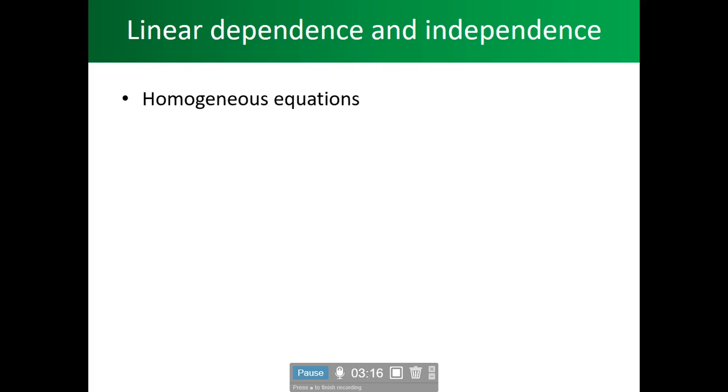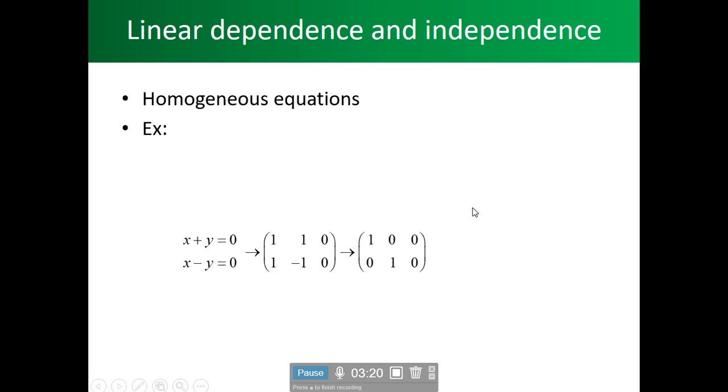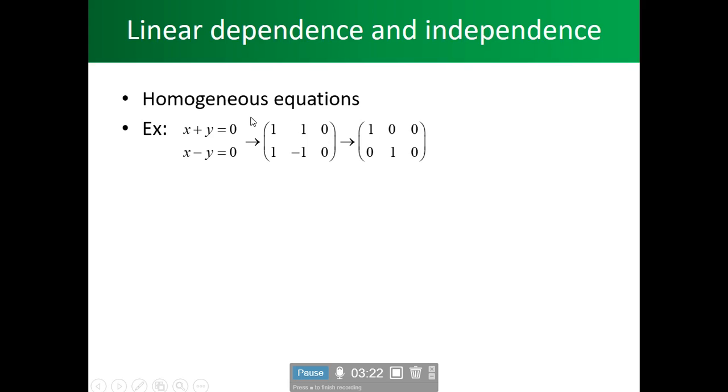These are called homogeneous equations. As we can see here, everything is equal to 0, and so this would be considered a homogeneous equation.